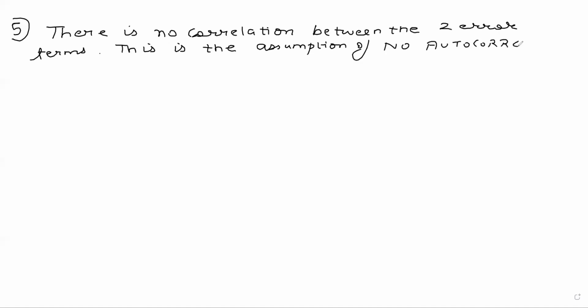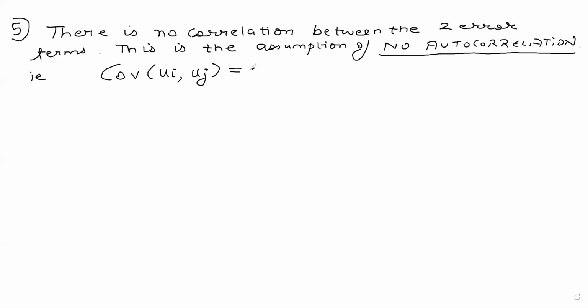What does no autocorrelation mean? No autocorrelation means that any two disturbance terms will have no correlation. Mathematically or statistically, it means covariance of ui, uj is equal to 0 for i not equal to j.